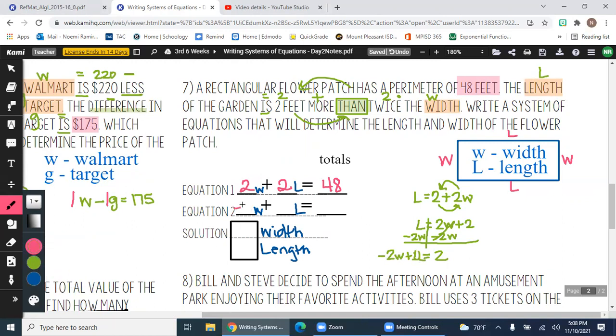So we get negative 2, positive 1, and positive 2, which ends up giving us a width of 7.3. It's okay that it's a decimal because we're talking about what units? Perimeter, feet. We're talking about feet. It's okay to have part of a foot. Probably not part of a biological foot, but yeah, so 16.7 is the length in feet.